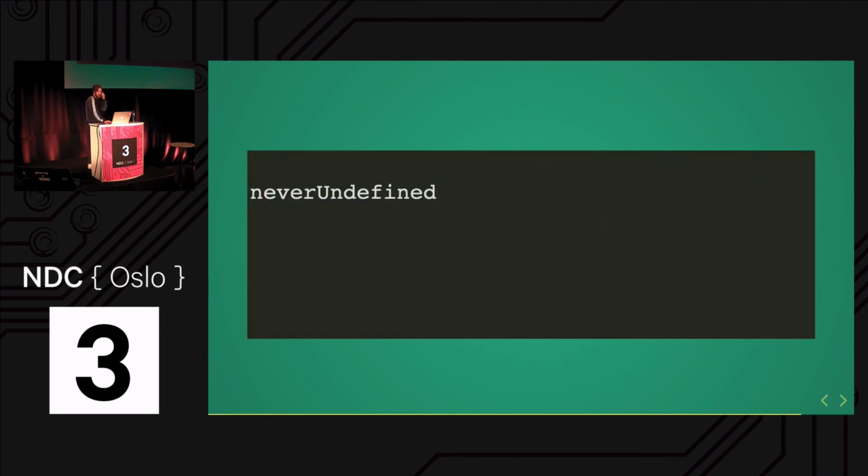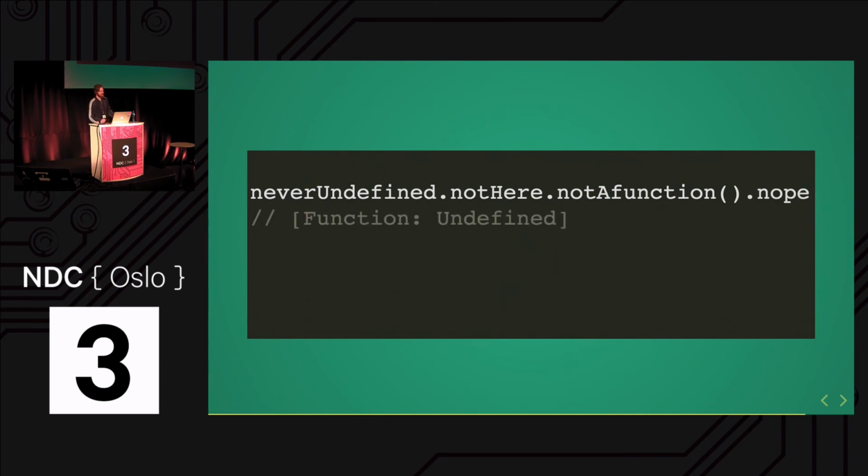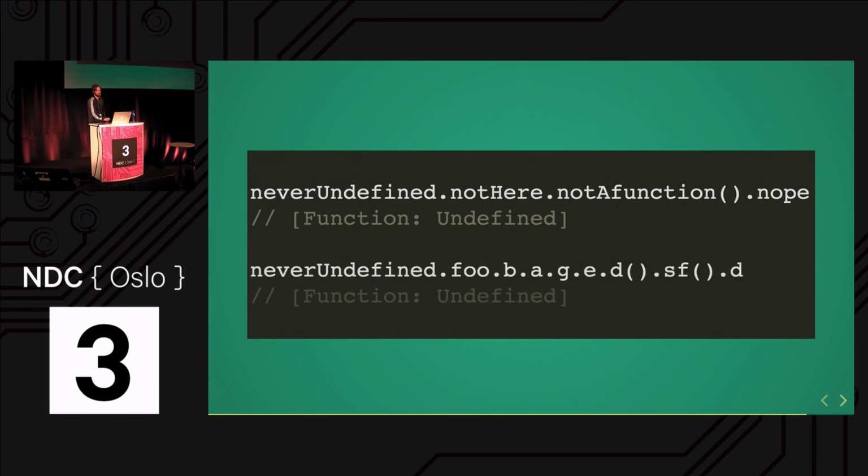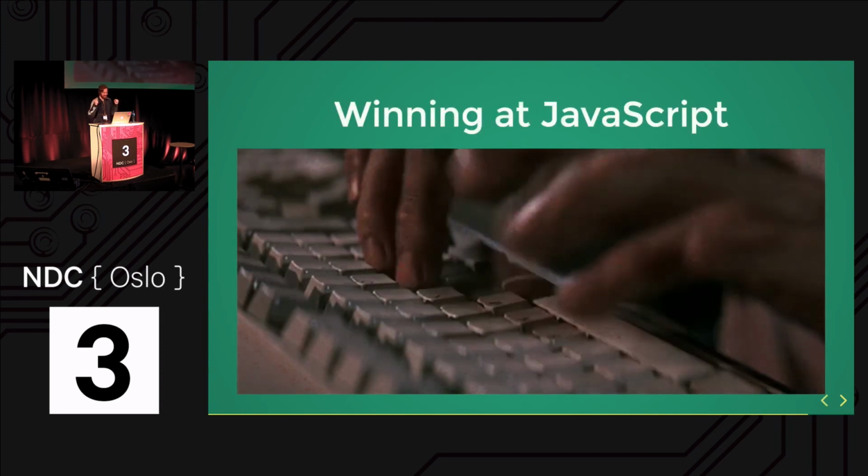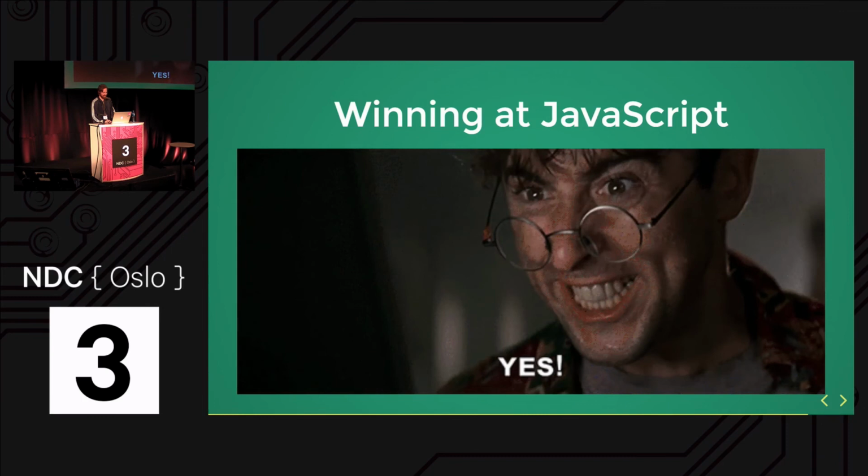But what if I try to access a field that doesn't exist, and then try to access something that is not a function, call that as a function, and then access something on that again? In this case, this is just a function. This is just our new undefined. So this doesn't actually crash anymore. So you can do things like this, and it doesn't crash anymore. No errors. So I feel like, yeah, I solved all of JavaScript's problems.